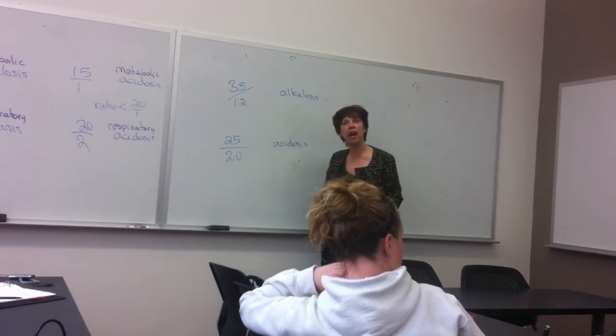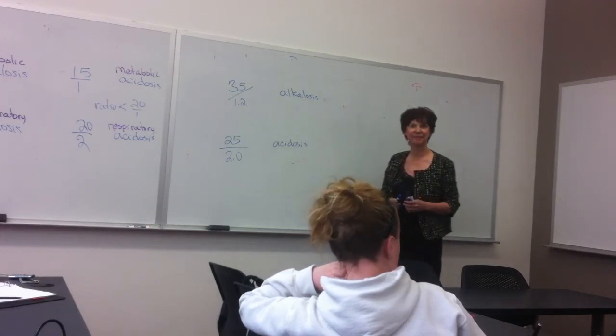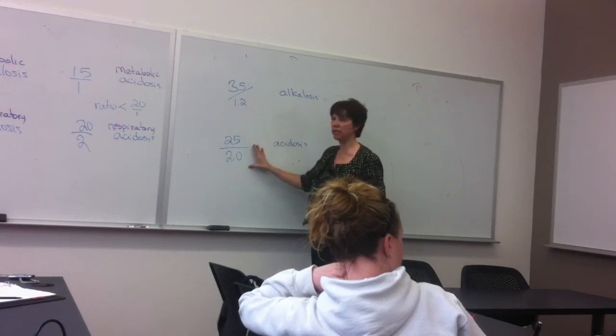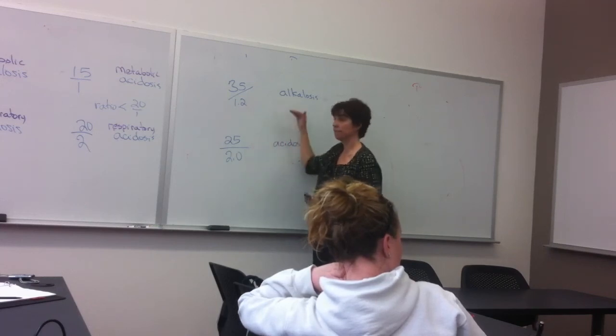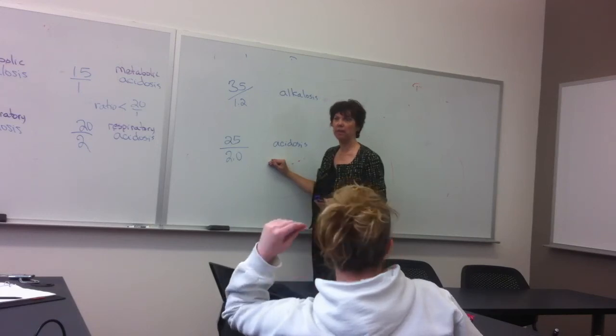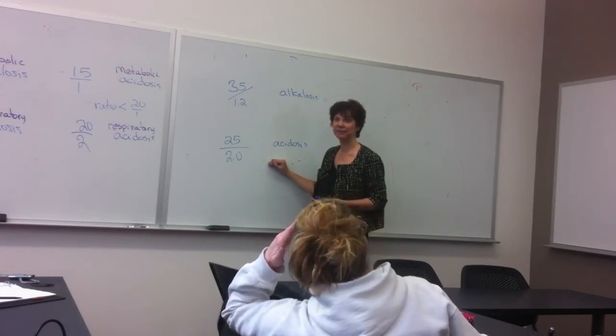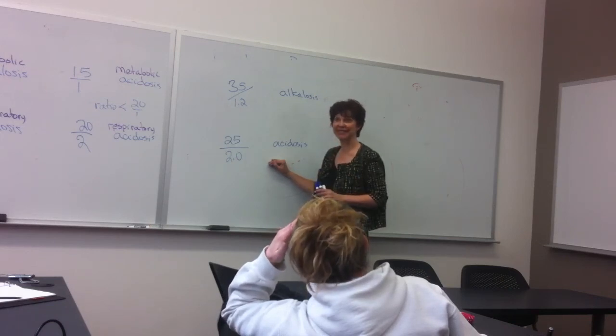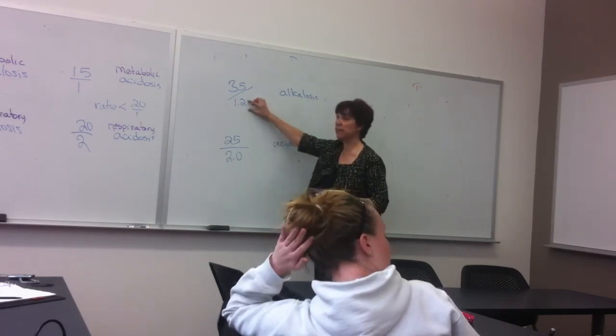How do I determine the cause? Here my ratio is greater than 20 to 1. Here my ratio is less than 20 to 1. But how do I know if it's respiratory or metabolic? The one that changed the most. All right, this is a 20% change.